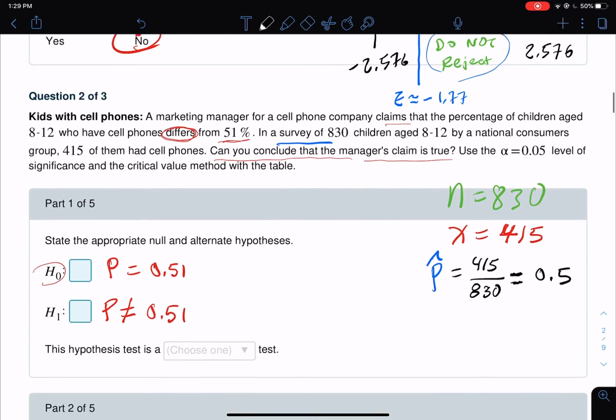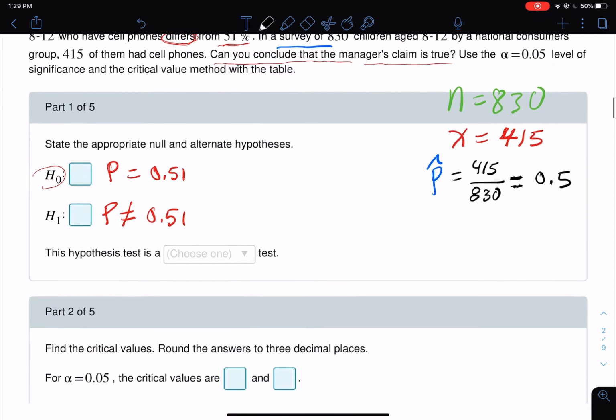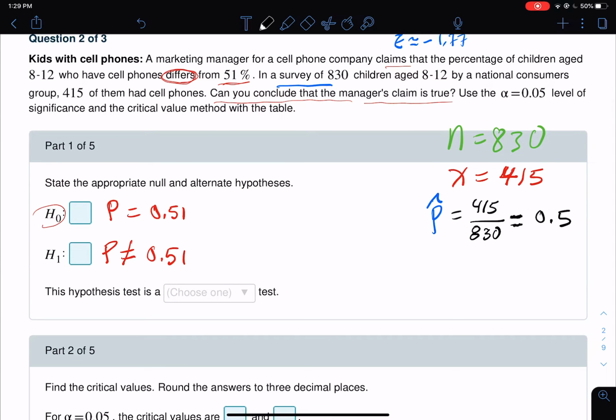Some assumptions that they're not asking about in this particular problem, but we're really supposed to be looking at those assumptions. I'm going to write those down. It's really good practice here. What are those assumptions? Remember, n times our population proportion from the null must be at least 10.